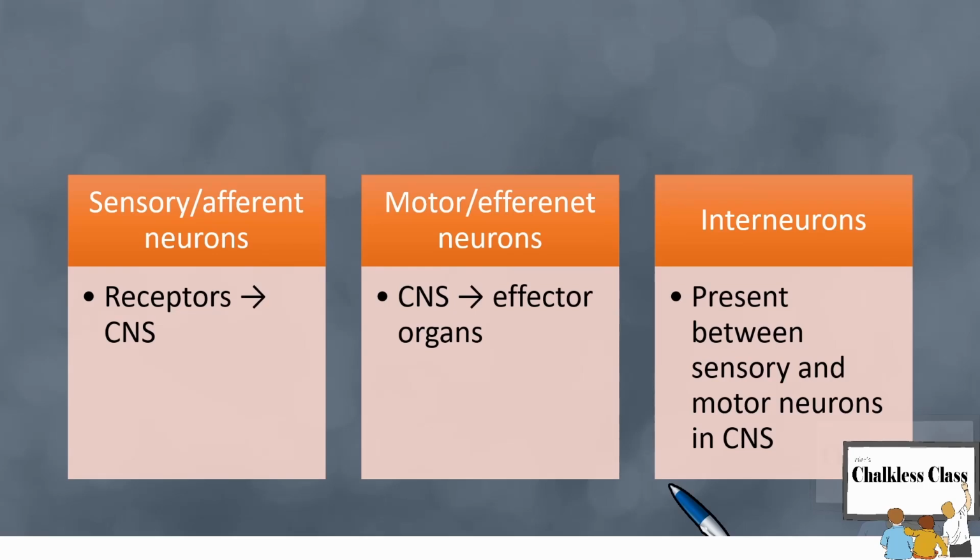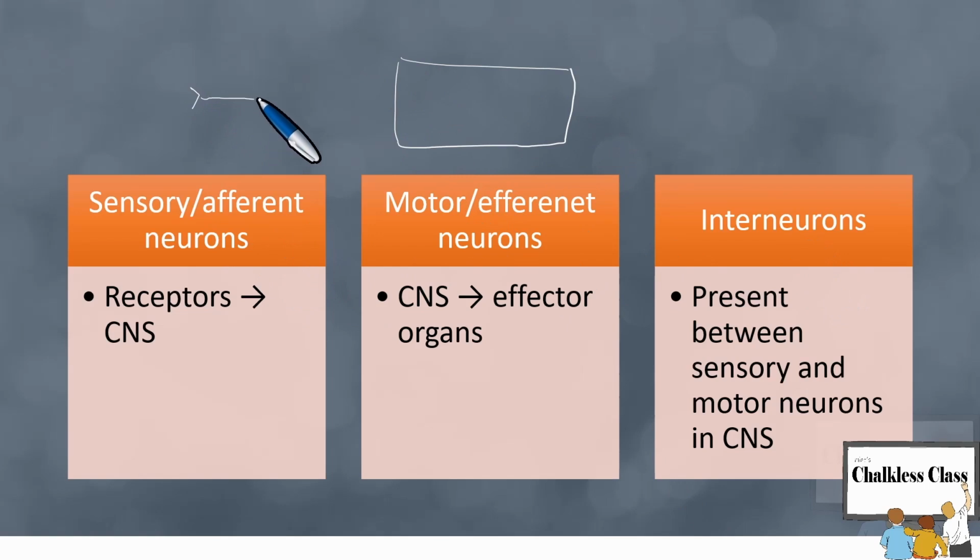And functionally, the neurons are divided into three types: sensory neurons, which are afferent neurons, motor neurons, which are efferent neurons, and interneurons. What is that? Let us have a look. Assume that this is the central nervous system and this is the sense organ.